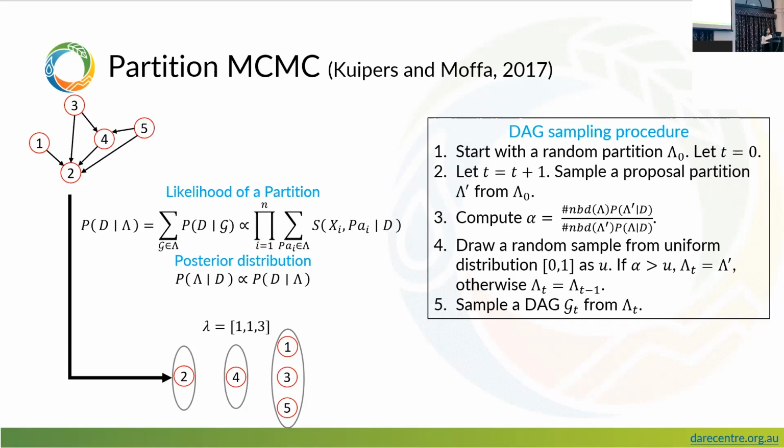An MCMC scheme can then be built on top of the joint space of the partition and permutation. At every step, we would propose a new label partition, and this new label partition will be accepted with probability alpha as defined here, where at every step we would calculate the neighborhood size depending on the move that we chose.